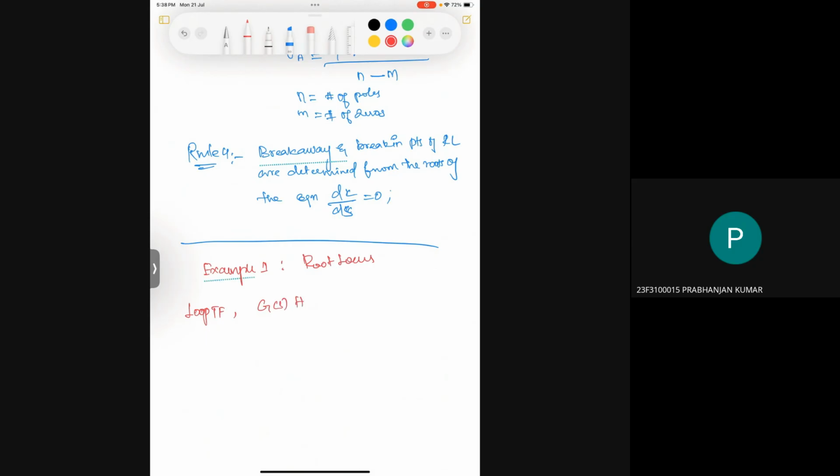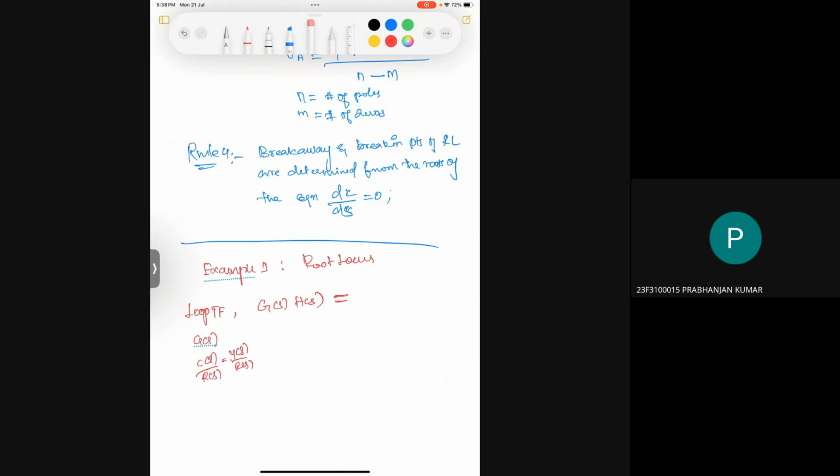If we write only g of s into h of s, we call it the loop transfer function. G of s is the open loop transfer function. C of s by R of s, or Y of s by R of s, is the closed loop transfer function. Okay, we are just writing g of s into h of s.